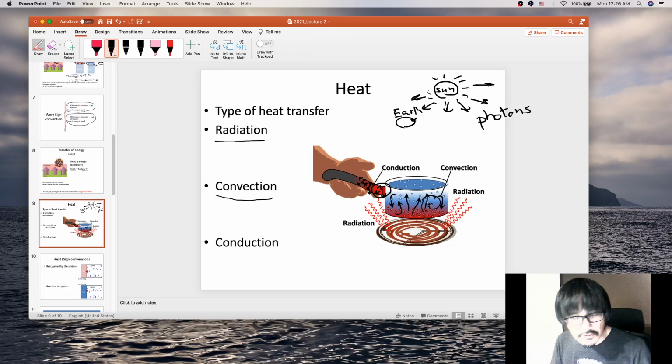The conduction, on the other hand, is where the molecule itself is not moving. So for example, around here you have this handle, right? And if you keep the pot on the hot plate for a very long time, any of the molecules somewhere around here are moving in all directions, going up and down and side to side, intensely, because it's hot.